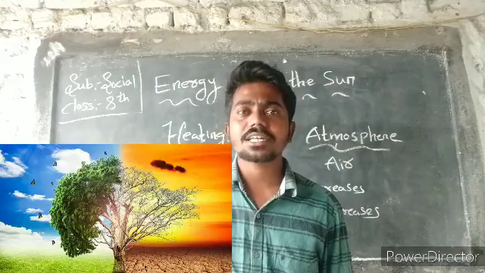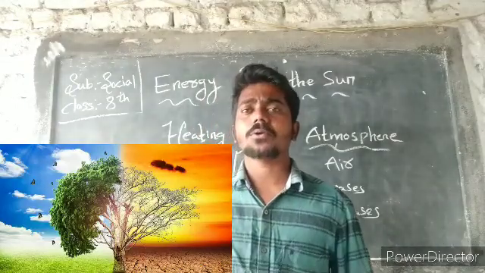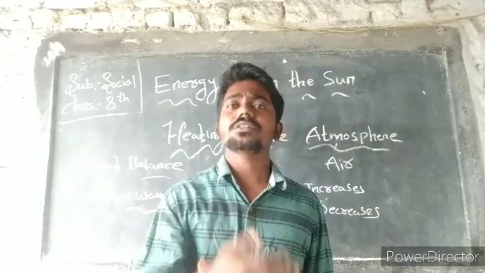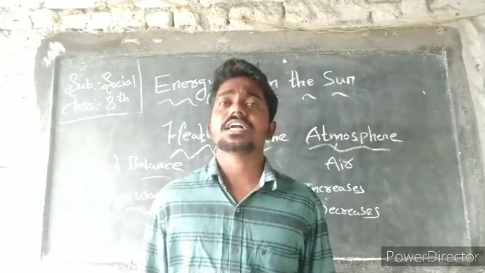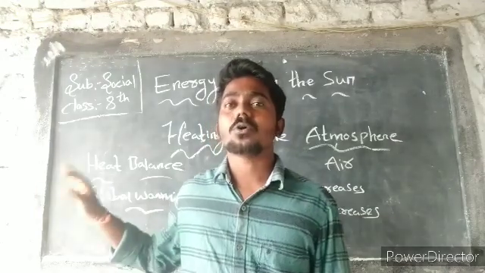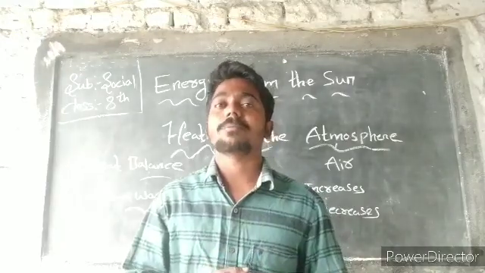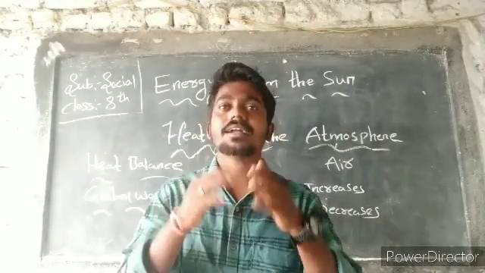Why is carbon dioxide increasing in the atmosphere? Because we are using petrol and diesel, and we are doing deforestation, meaning cutting the trees, etc. This results in global warming. That is why we have to save our Earth by planting trees. Everyone should plant a tree.